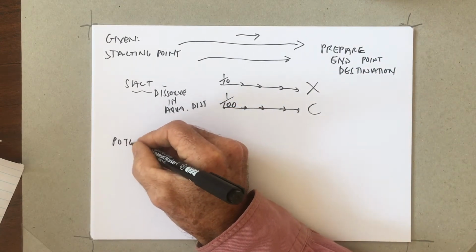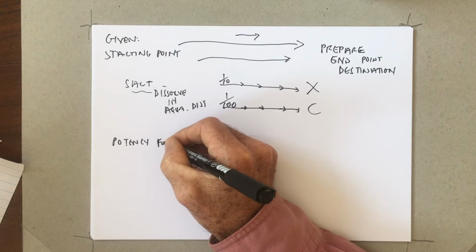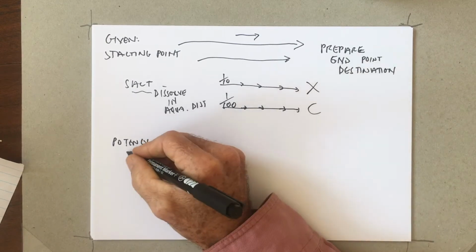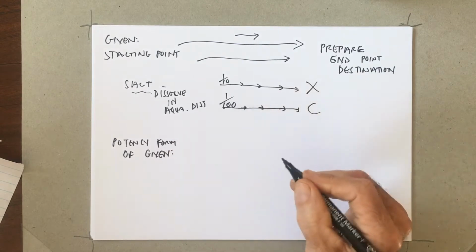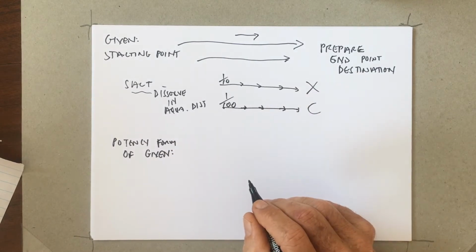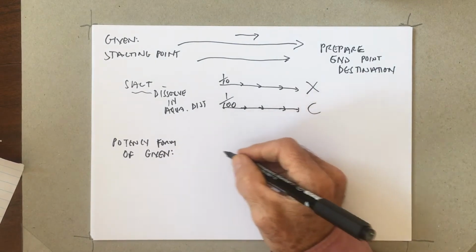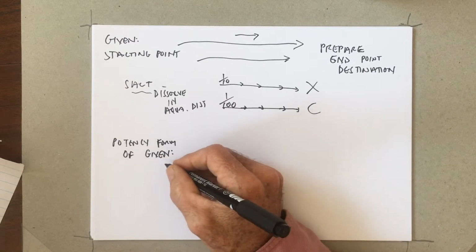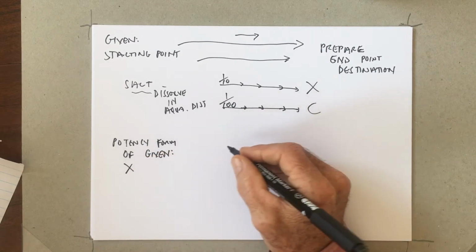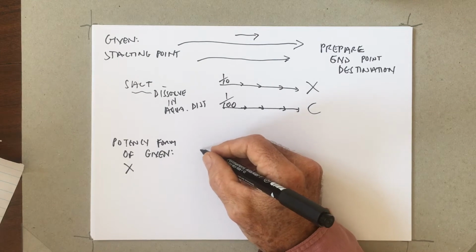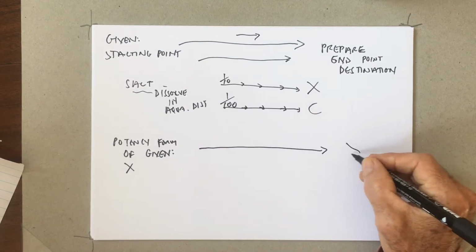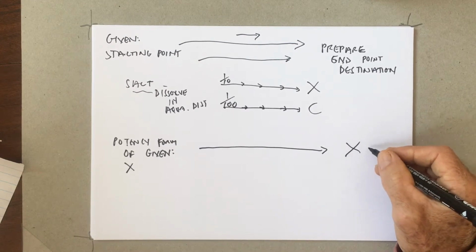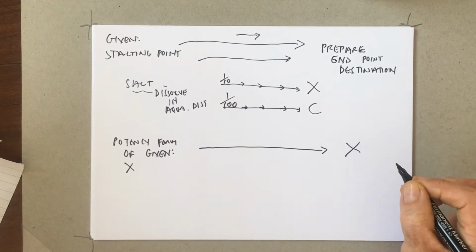So we've got some potency form of given at the starting point, and for instance, we could be given an X potency, and if by luck we might be asked to prepare an X potency as well.